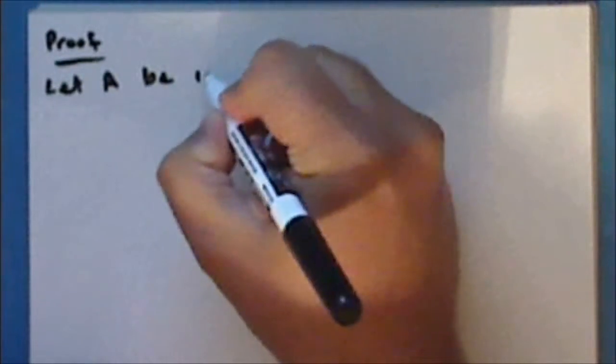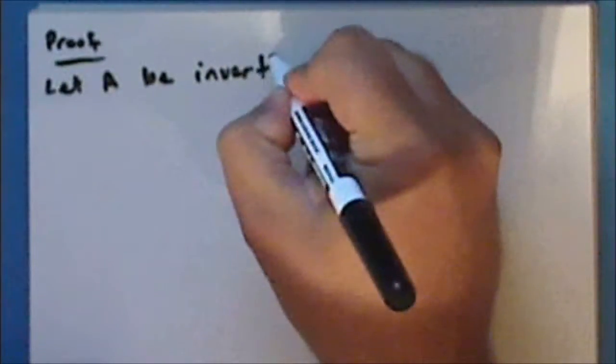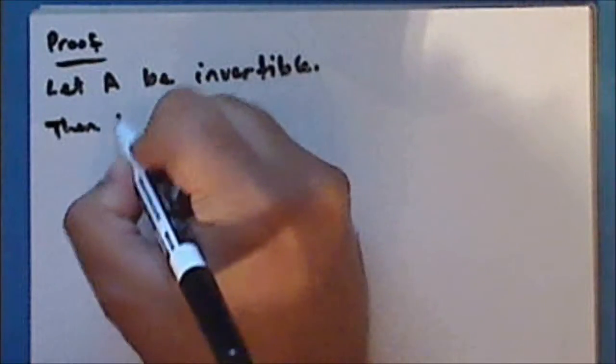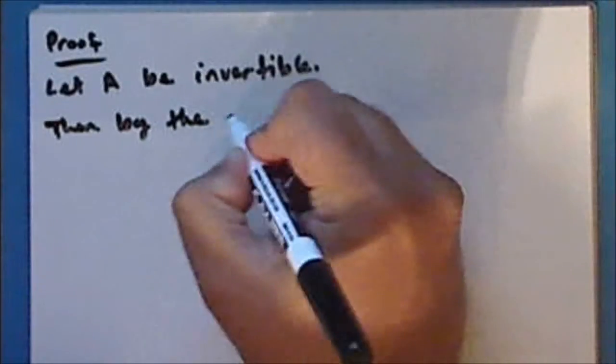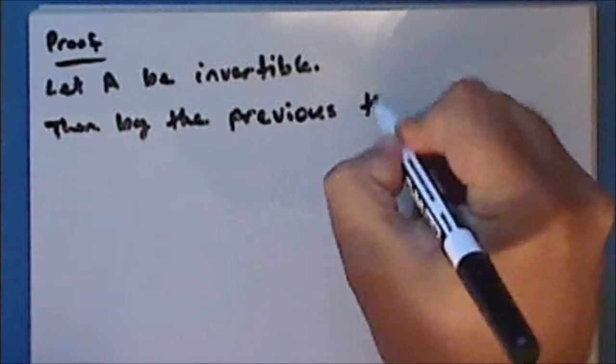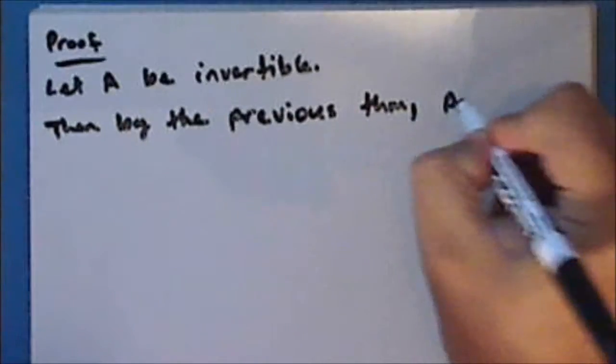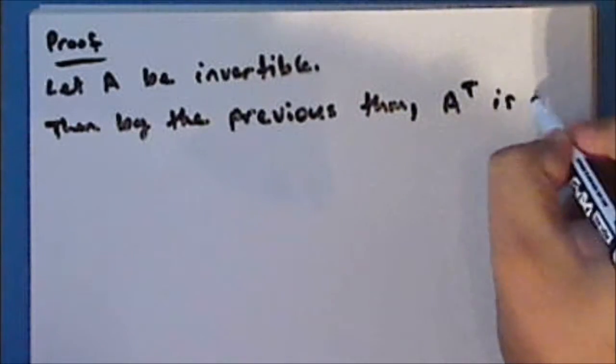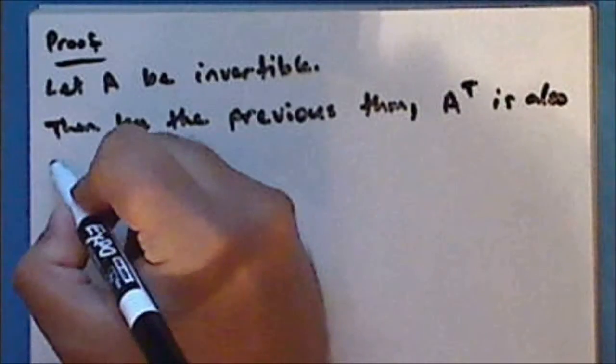So proof. Let the matrix A be invertible. Then, by the previous theorem, the transpose of A is also invertible.